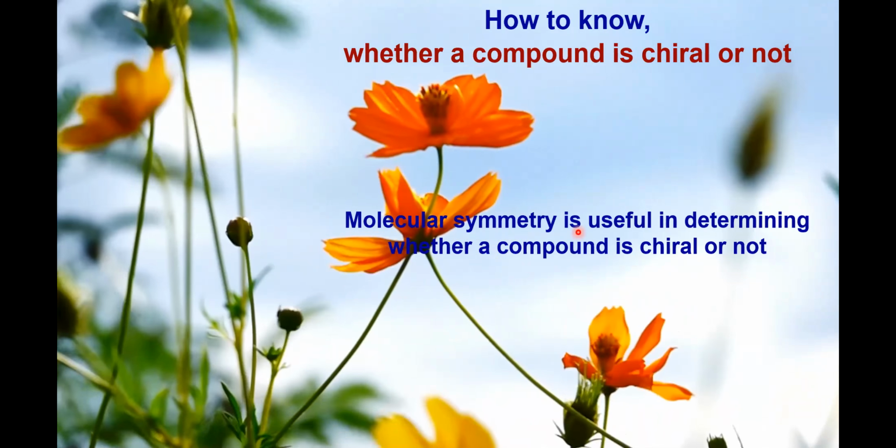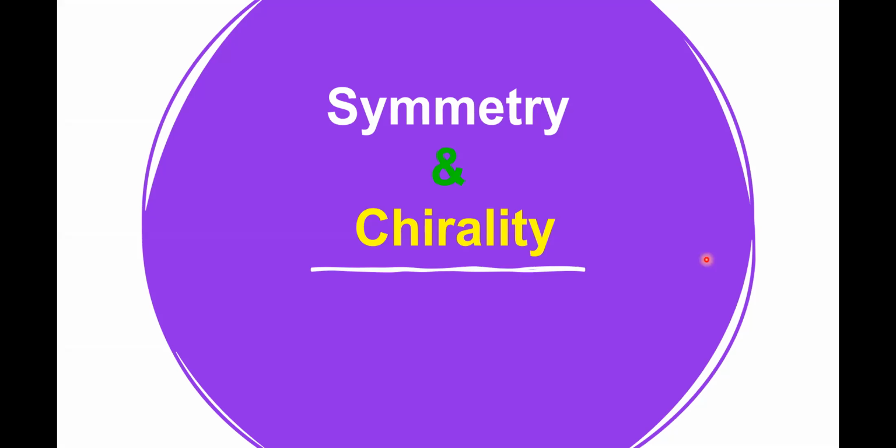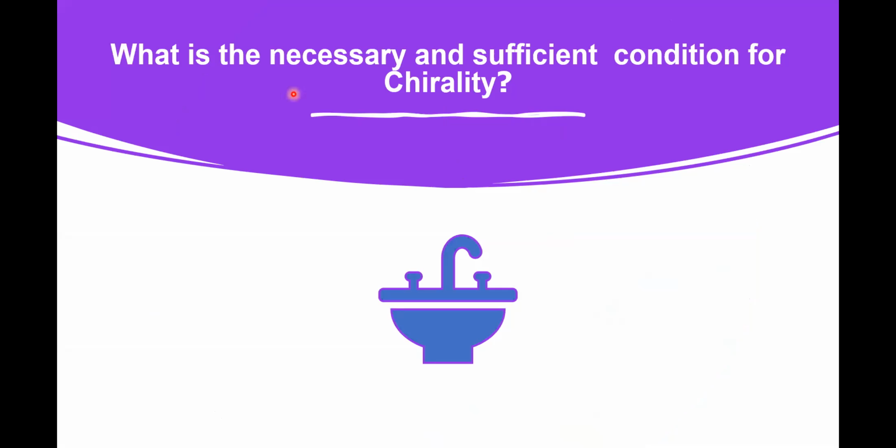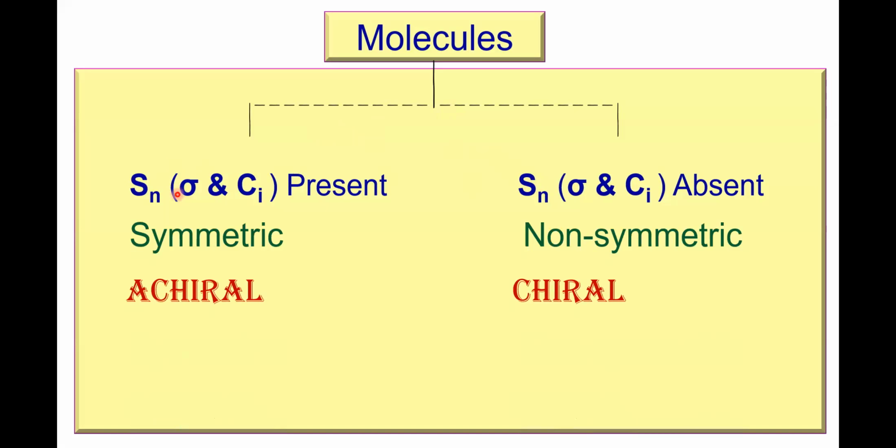Molecular symmetry is useful in determining whether a compound is chiral or not. So what is the necessary and sufficient condition for chirality? The presence or absence of Sn will decide whether a compound is chiral or not.